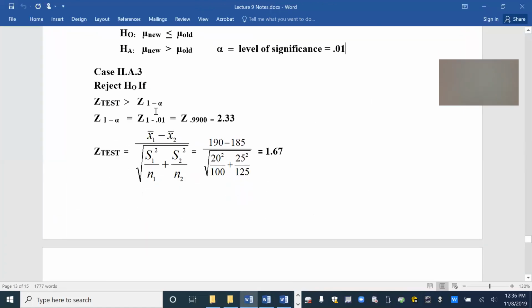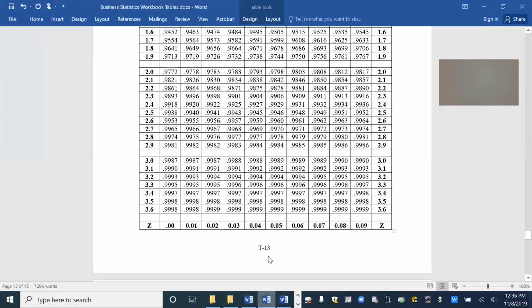So I look up, my alpha is 0.01. It says for me to look up 1 minus 0.01 or 0.99, look up the 99th percentile. Let's do that just for the heck of it.